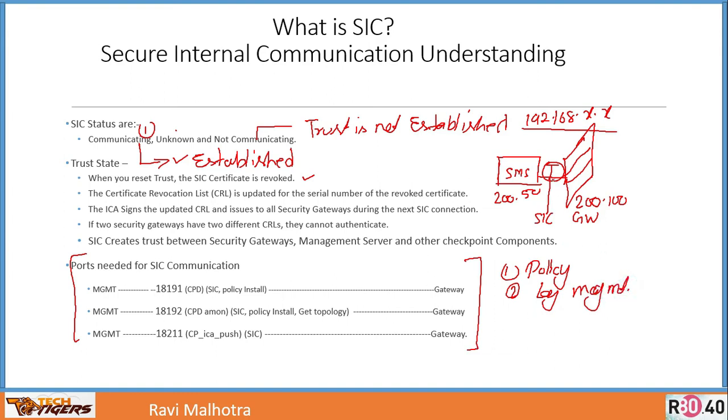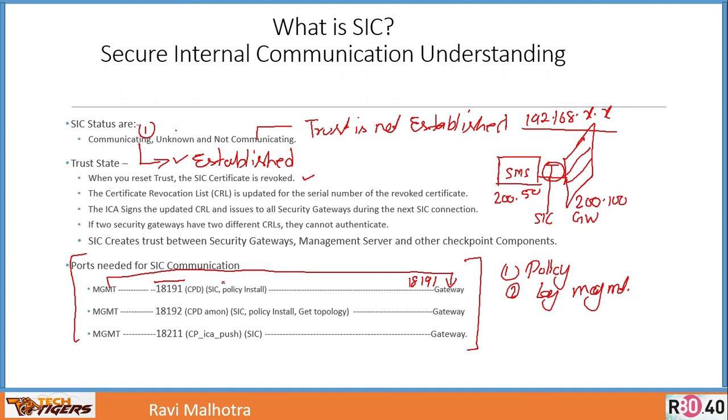Communication happens over certain reserved ports, guys. When the management server is trying to install policy on the gateway, this communication happens over port number 18191. That means on the gateway, port number 18191 should be open, and this is how this communication is performed.